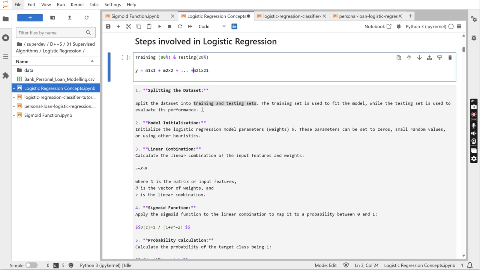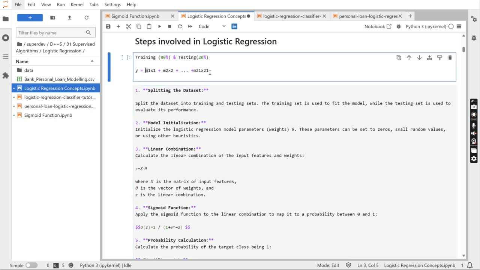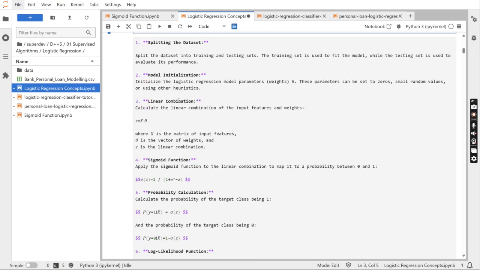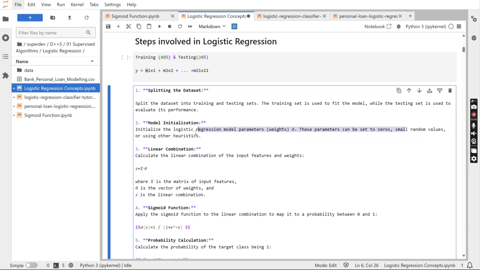Next, we don't know m1, m2, m3, m4 up to m21, those values we don't know initially. So what you will do is randomly initialize them into small values, or there are different heuristics, meaning different algorithms that can be used to initialize those.